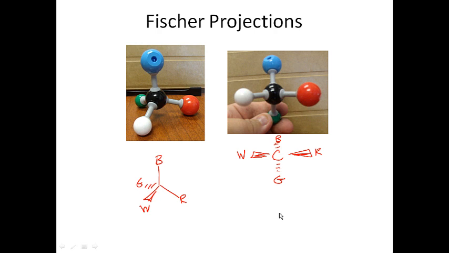Now, typically what's done with the Fischer projection is it's written like this. And so this shorthand notation then translates to this sort of bold dashed wedge structure. So when you see a structure like this, this is in the Fischer projection.